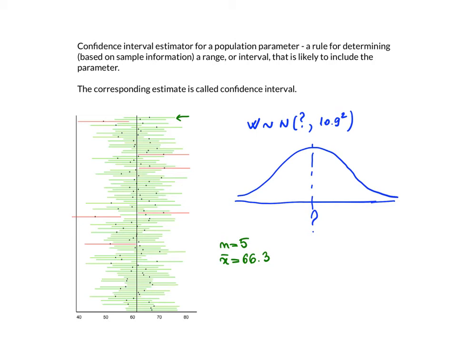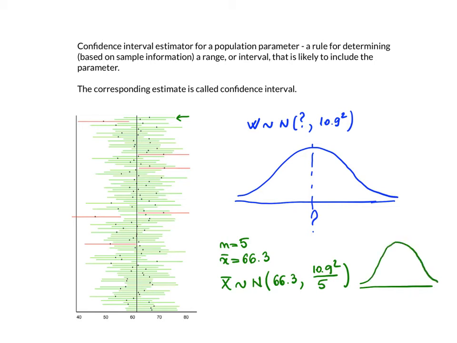Under this assumption that the true mean is 66.3, I know that the sampling distribution of the means is normally distributed with a mean that I would estimate now to be 66.3, because that's what I have, and the standard deviation 10.9 squared over 5, because I took samples of size 5. So this is how my sampling distribution of the mean will look like.